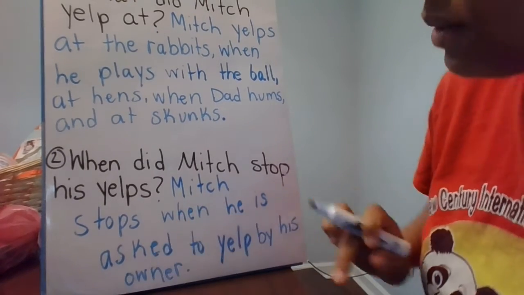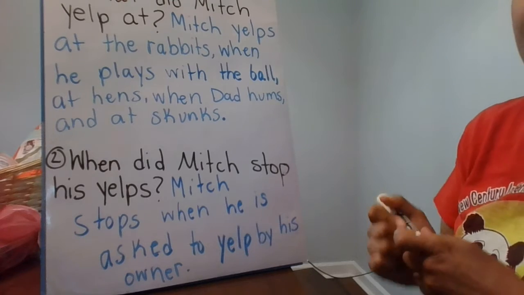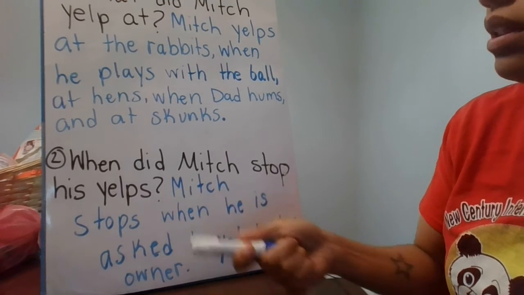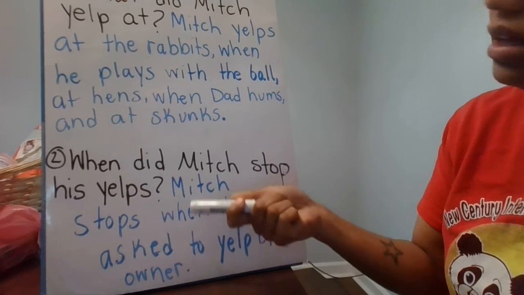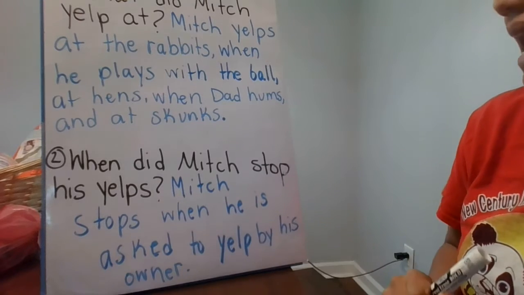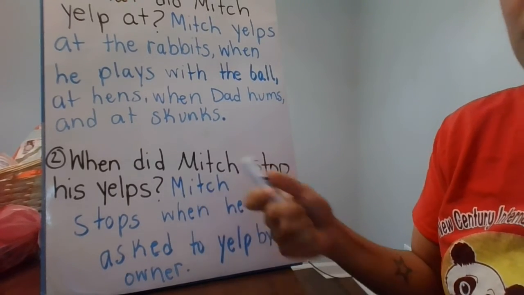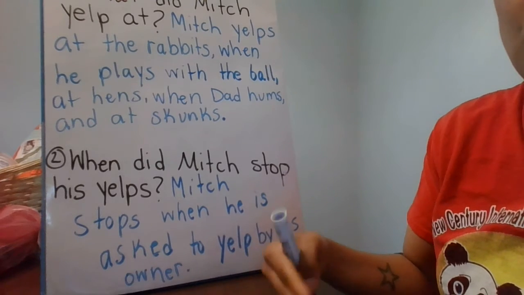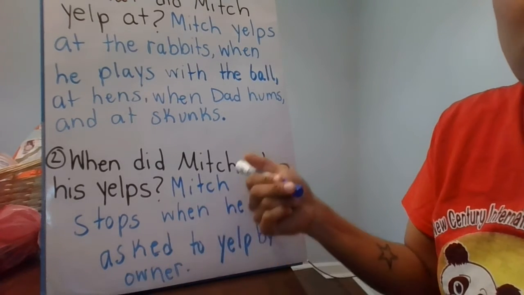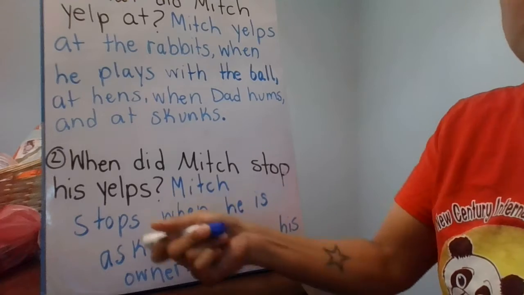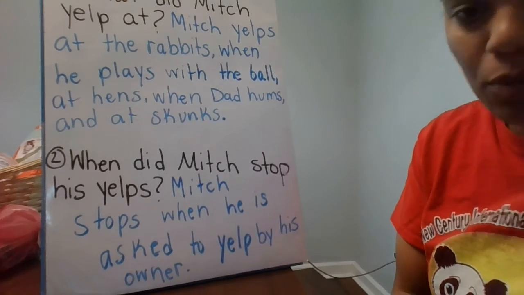Make sure it looks like it. So I'll reread it. And again, I've got a capital letter at the beginning, period at the end. Mitch stops when he is asked to yelp by his owner. And I know it's a complete sentence because a complete sentence has a who and a what. So who am I talking about? What is going on? I'm talking about Mitch, and I'm talking about what he's doing when he stops yelping.